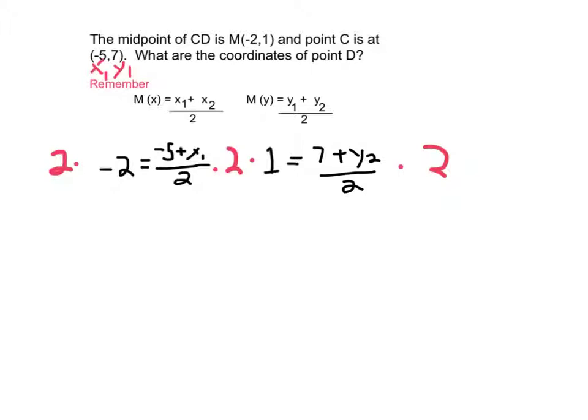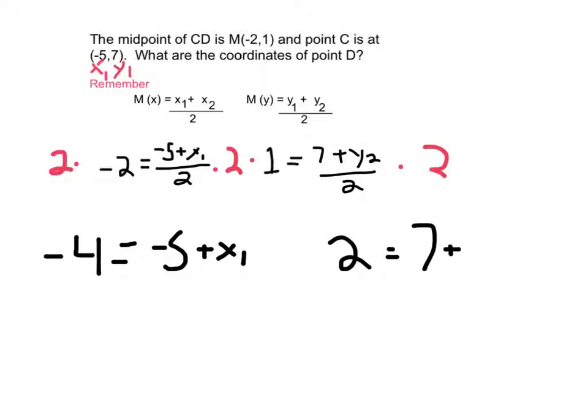So here we have negative 2 times 2 is negative 4 equals negative 5 plus x2. And 1 times 2 is 2 equals 7 plus y2, because again, these cancel out and these cancel out, whichever way you want to look at it. Now I just have to finish out my processes.